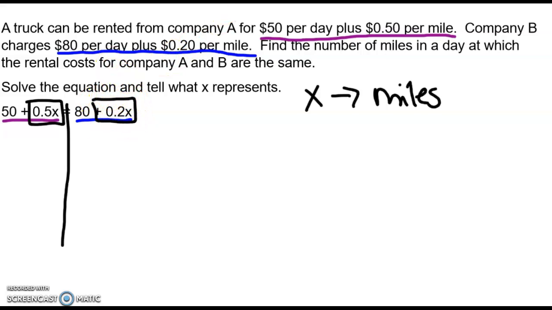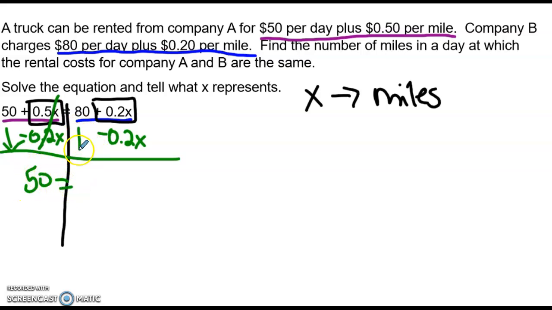I have letters on both sides. The first thing I need to do is get them onto the same side. So I'm going to find the smallest x and get rid of it. 0.2x is smaller, so I'm going to subtract 0.2x from each side. I'm going to plop this 50 straight down. I'm going to bring this 80 straight down.